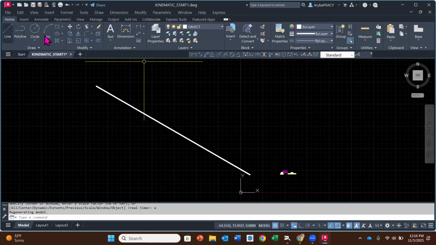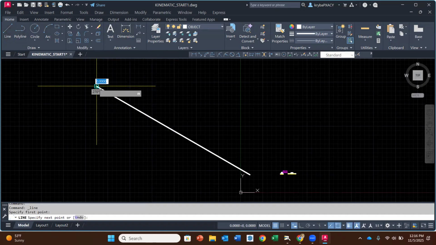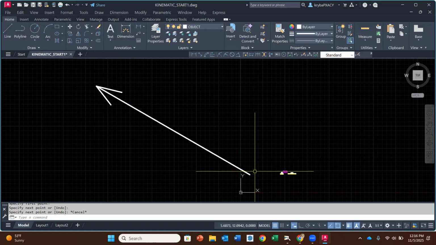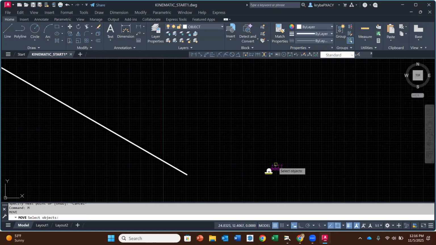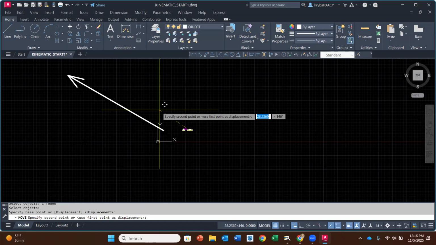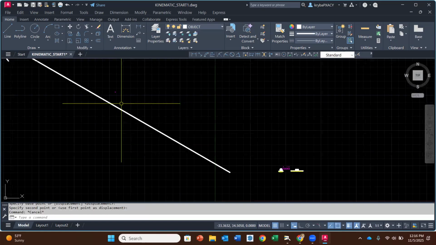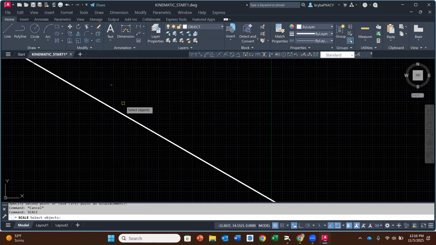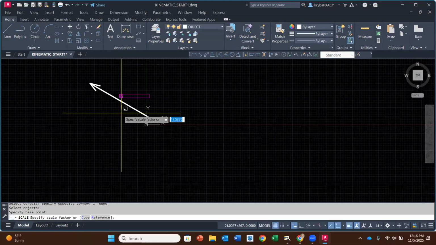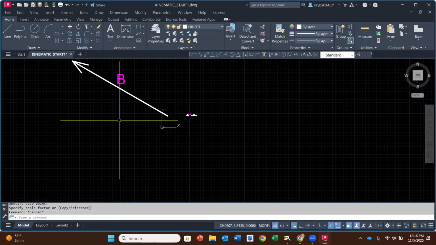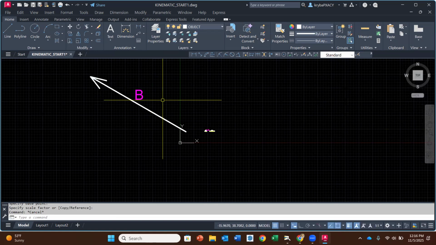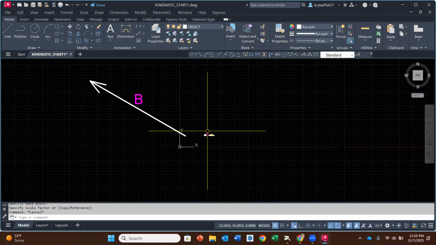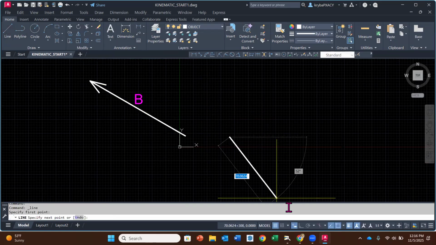And then I know that this is going up and to the left, so I will put my arrowhead on here, and then I'm going to move my B so that I can label it, and I will scale it so it's maybe about that size. Okay. So that's B.